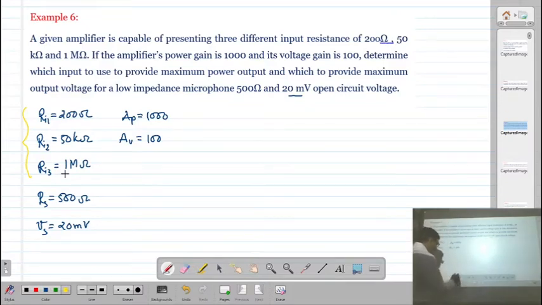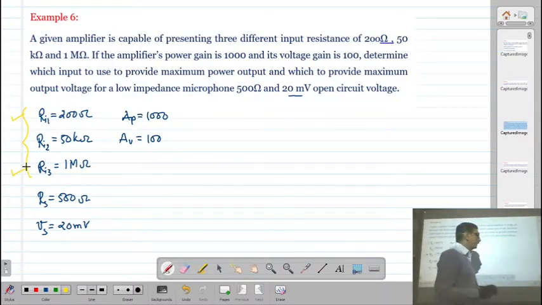Remember, here I will calculate for Ri1 equal to 200 ohm and Ri3 equal to 1 mega ohm, means I am taking one minimum value of the input and one maximum value of the input. And these two calculations are sufficient to decide, because the middle one is in between two values, so we can decide which input I have to use for the maximum power gain and the voltage gain.